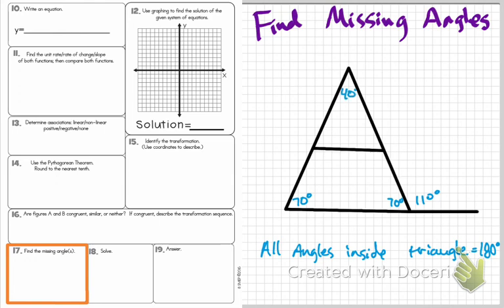I also could find those missing angles in the smaller triangles because actually what we really have here is a set of parallel lines with a transversal going through it. And in fact, I'm going to just draw that exterior line there in blue, and you're going to see that connection between what we just did with our parallel lines and our transversals.